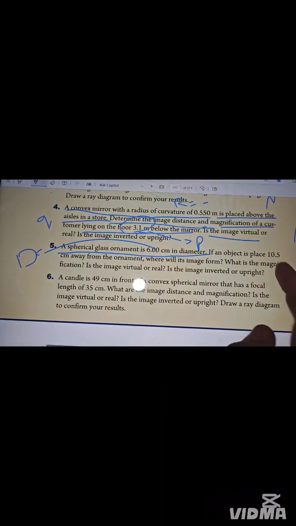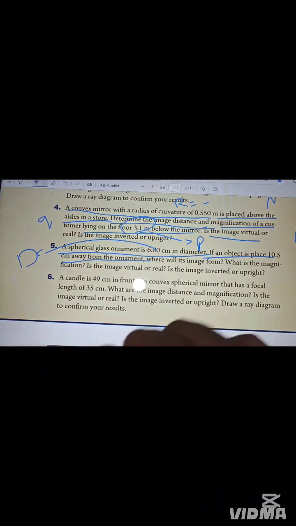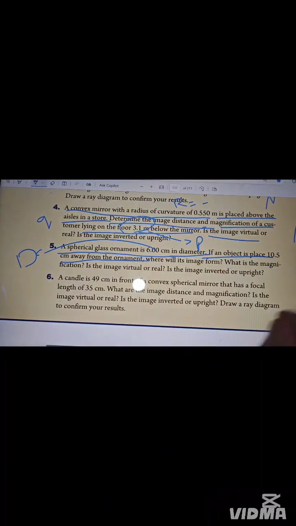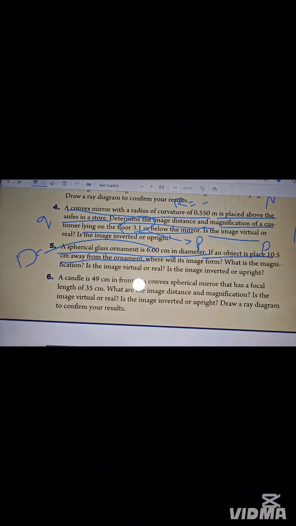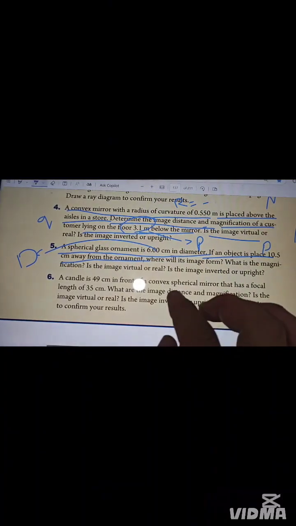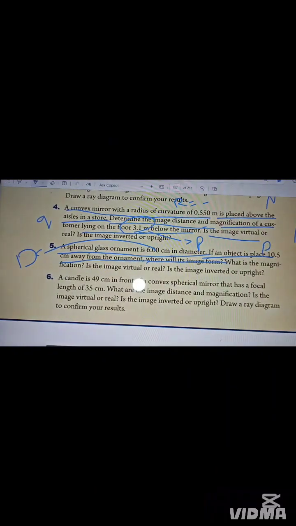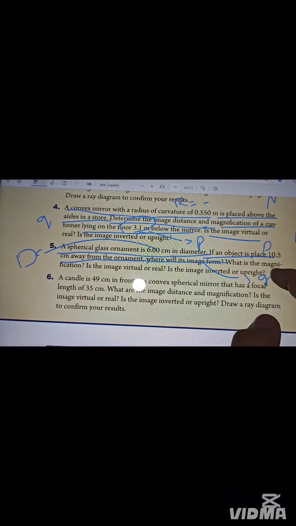So diameter symbol D capital. If an object is placed 10.5 centimeter away from this ornament, so this is the value of P. Where will its image form? Find the value of Q.